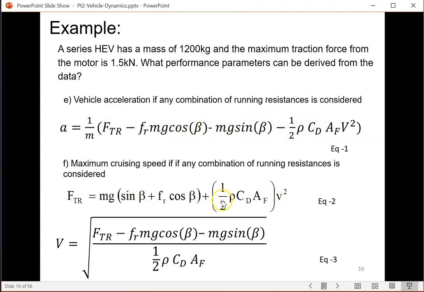Therefore, if I move this term to the left-hand side, divide by the coefficient of V squared, and do a square root, that will give me V. So if we know the traction force, the rolling resistance coefficient, the mass, the gradient, and all the parameters that relate to the air drag, then we can work out the maximum cruising speed using equation number 3.